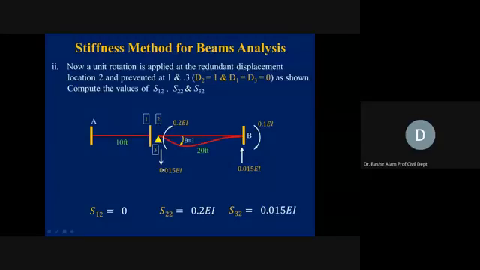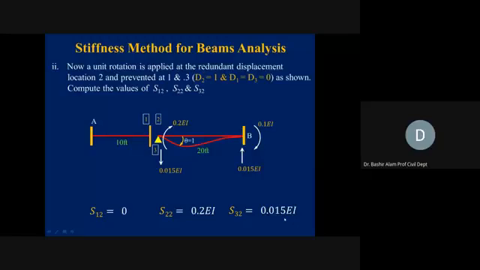This is now in the direction of D3, so it should be positive. And you see here, it is 0.013 EI. If something is coming from the left-hand side also, you take the algebraic sum then, 0.0. So this is how the second column of this stiffness coefficient matrix is generated.